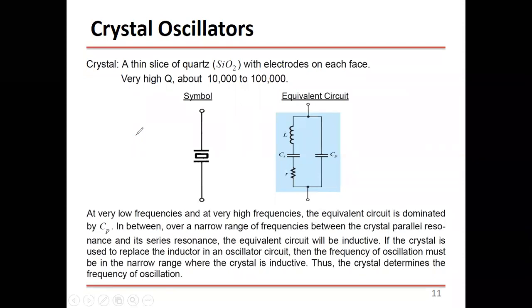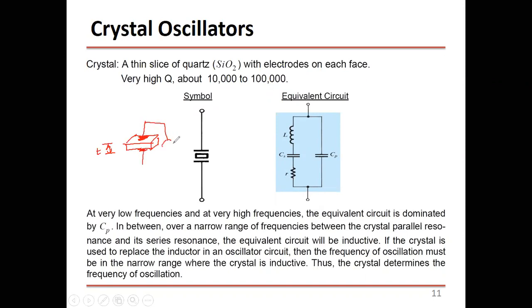If you have a piece of crystal material with a thickness T, and you shape it in a slab like this, and you connect a piece of metal here and a piece of metal on the other side, and you connect this to a voltage source, an AC source, with a frequency F.